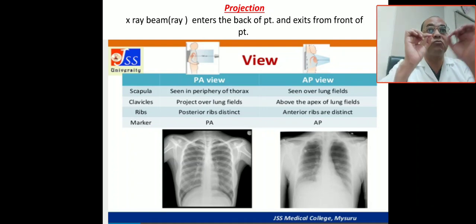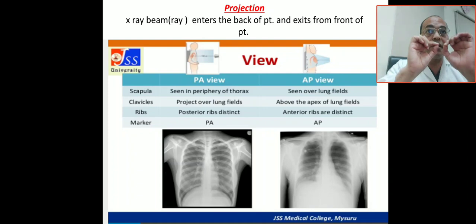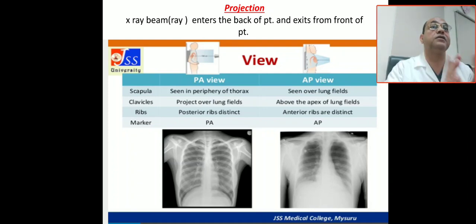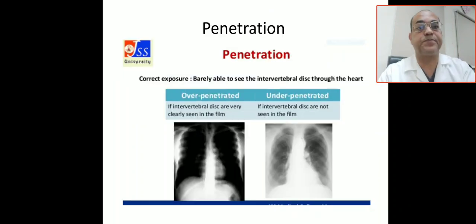You can clearly see the anterior ribs in the anteroposterior film, and the posterior ribs in the posteroanterior. The radiologist will also put a mark, anteroposterior or posteroanterior. But keep in mind, any patient in ICU will all the time be anteroposterior.